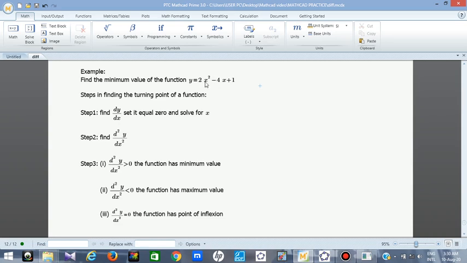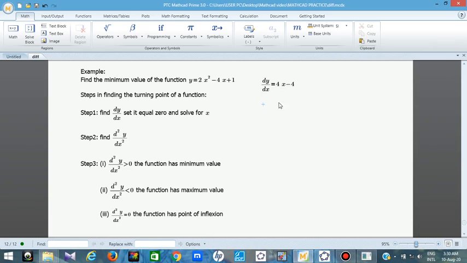If I differentiate this function, all I need to do is dy/dx. The dy/dx will be equal to what? You know your rule for differentiation, 2 times 2, which is 4. We're going to have 4x. So you are through with that. 4x minus, then differentiation of 4x is going to give us 4, then plus 0. So that is all. We have done that.